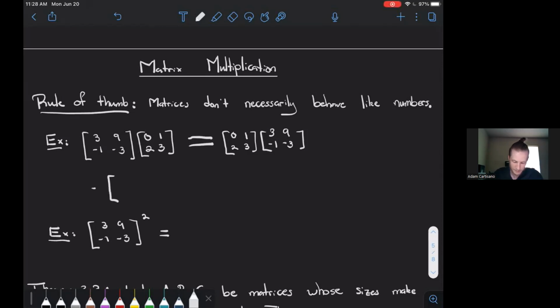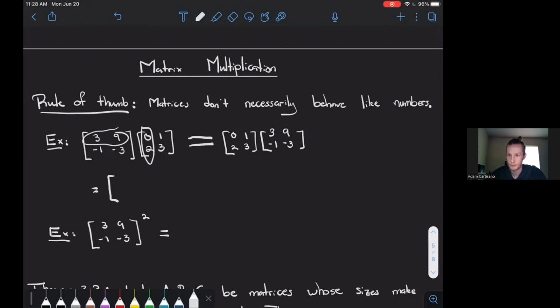Okay, the left-hand side. Remember that the way matrix multiplication works, we take the columns of the second matrix times the rows of the first matrix. Whatever row you're in, we do a dot product of those rows and columns.